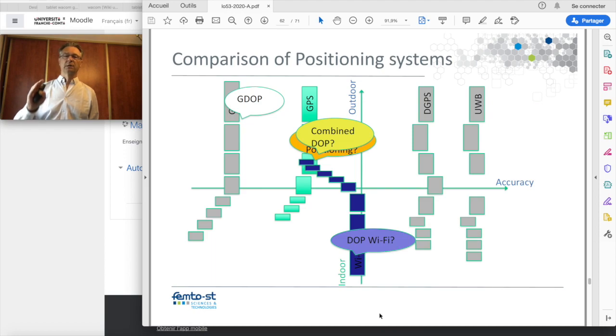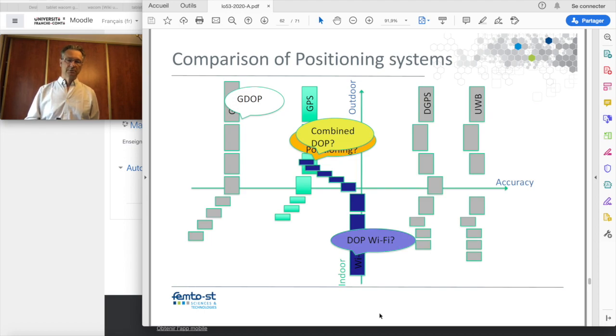Ultra-wideband can be used inside or outside, because you have to deploy your own devices. For GSM on the left, you cannot see it because there is GDOP above, but it's GSM on the left, the gray line.